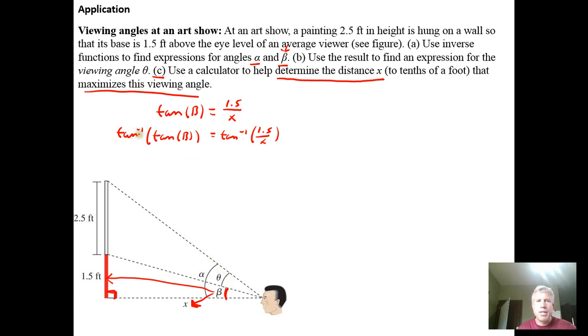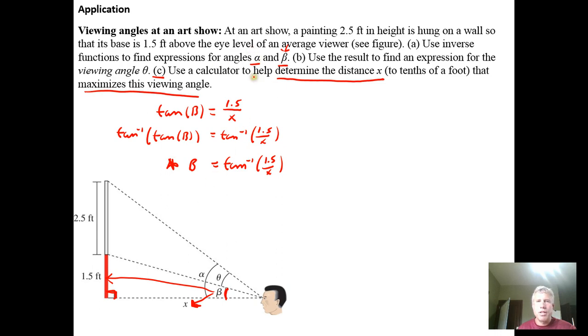So when I apply the tangent inverse, I get the angle beta between 0 and 90, and it equals the tangent inverse of 1.5 over x. You usually could skip straight to here, but I wanted to emphasize that the tangent inverse is what's digging beta out of the tangent function. So I'm going to put a star by this because we'll need this.